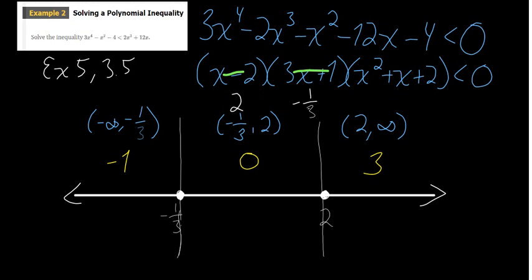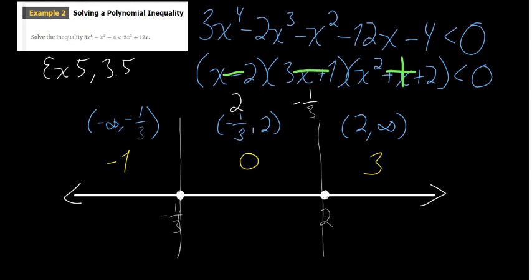Okay. So now I've got a negative times a negative times a positive. Well, negative times negative is a positive, and then a positive times a positive is also a positive. Okay, so what this tells me, last time I was wanting our numbers to be greater than or equal to 0, right? So I wanted numbers that were positive.